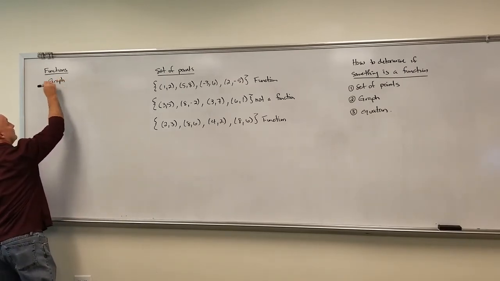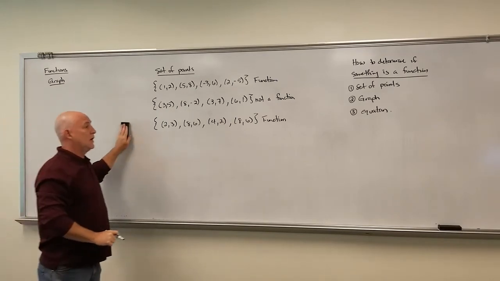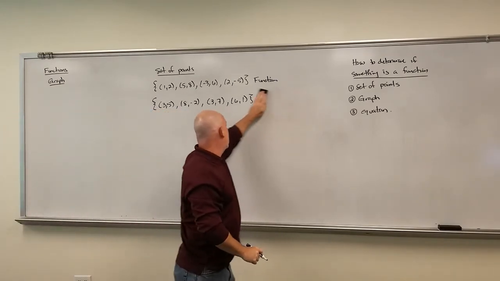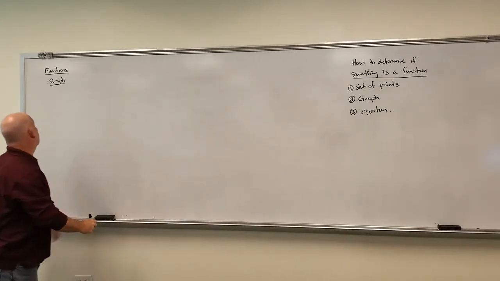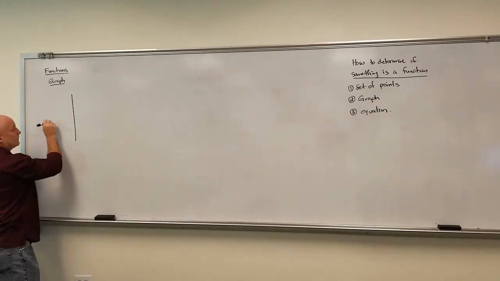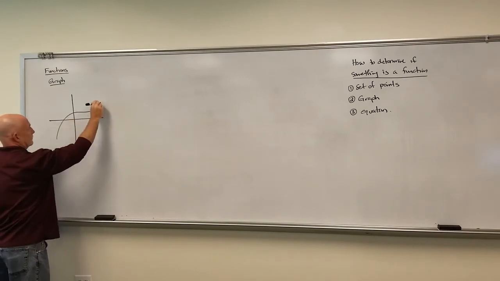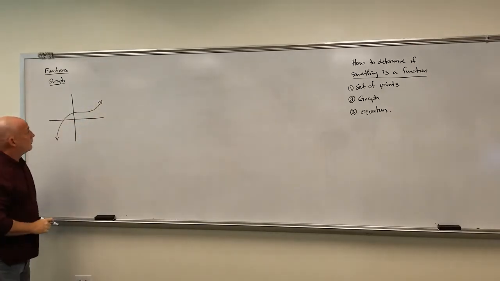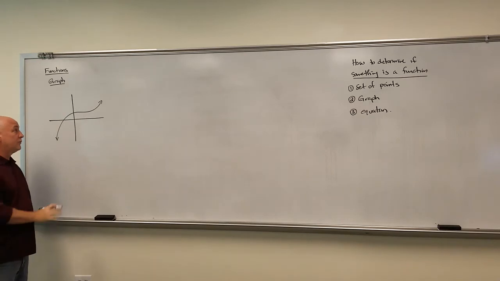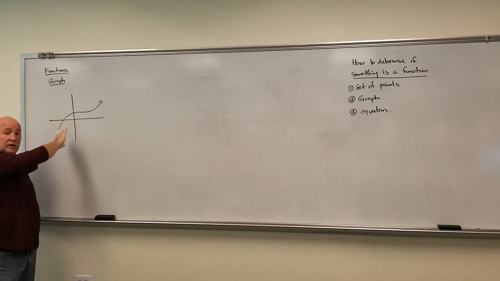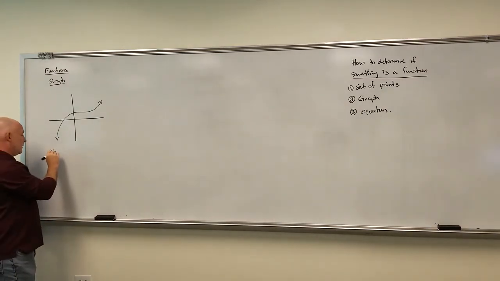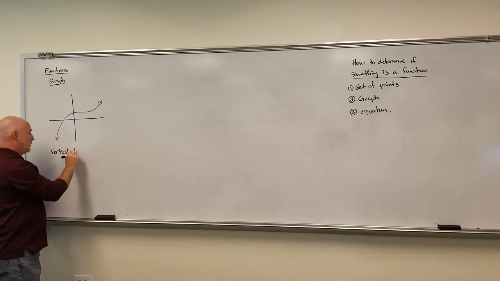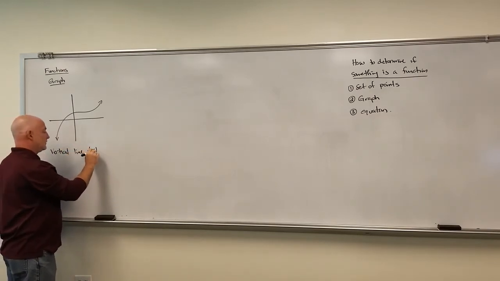So just going to give you a picture of something and say, hey, does this represent a function? So let's take a look at a picture here. So from this picture, can we tell, because remember all this is an infinite set of points. Does this set of points represent a function? Well, to do this, we're going to use something called the vertical line test.